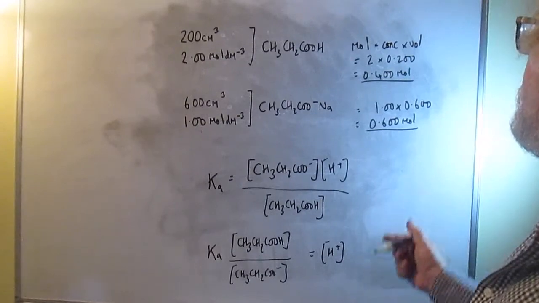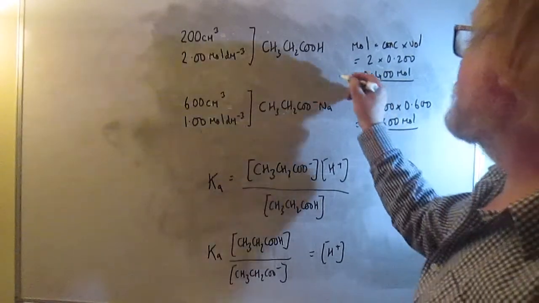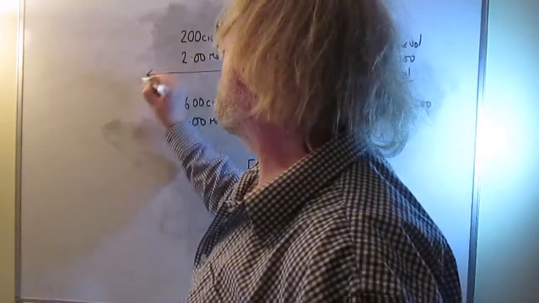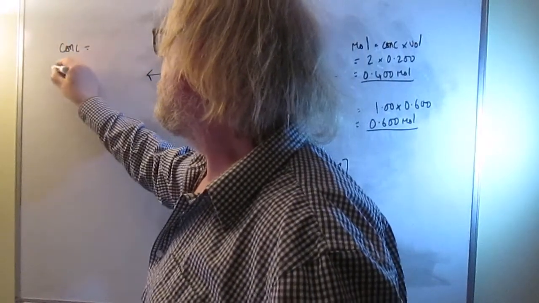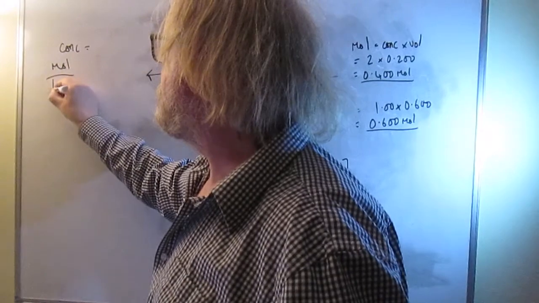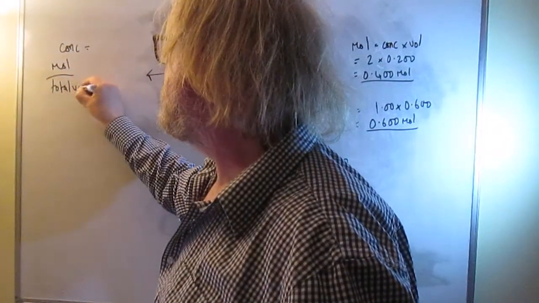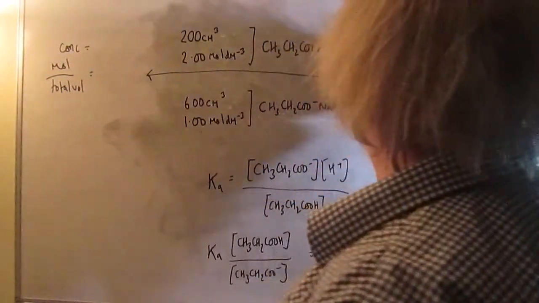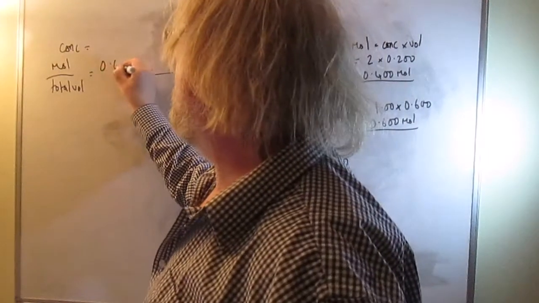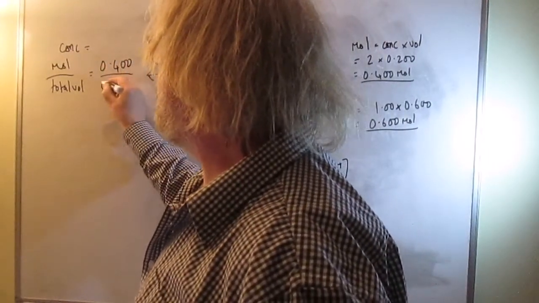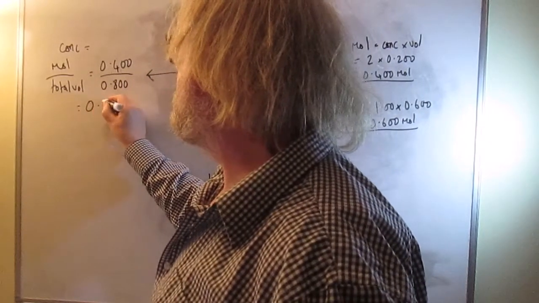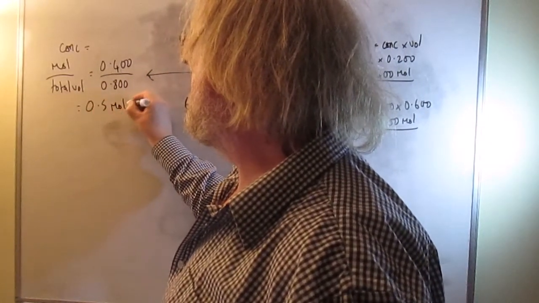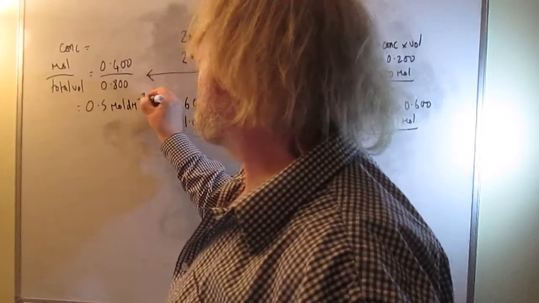So if we divide by that total volume, we get the final concentration is moles over total volume, which is 0.4 over 0.8, because 800 cm cubed is 0.8 dm cubed, which is 0.5 moles per dm cubed.